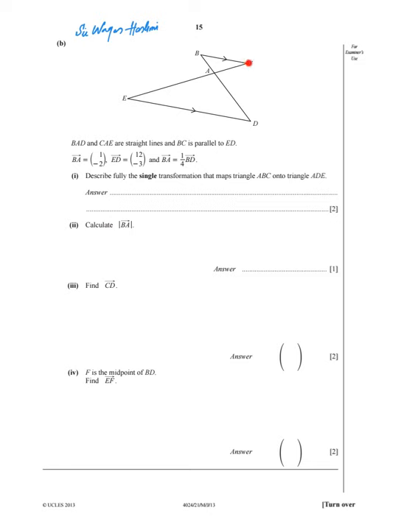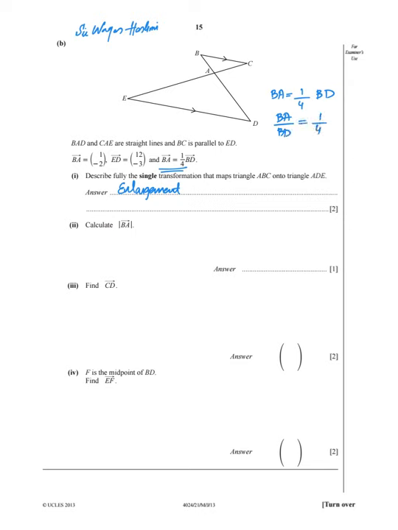So ABC transforms onto ADE. Firstly, we know that this transformation is an enlargement because we are getting a bigger triangle, right? Now what is the scale factor? You have BA equals 1 upon 4th of BD, or I can say BA divided by BD equals 1 divided by 4.